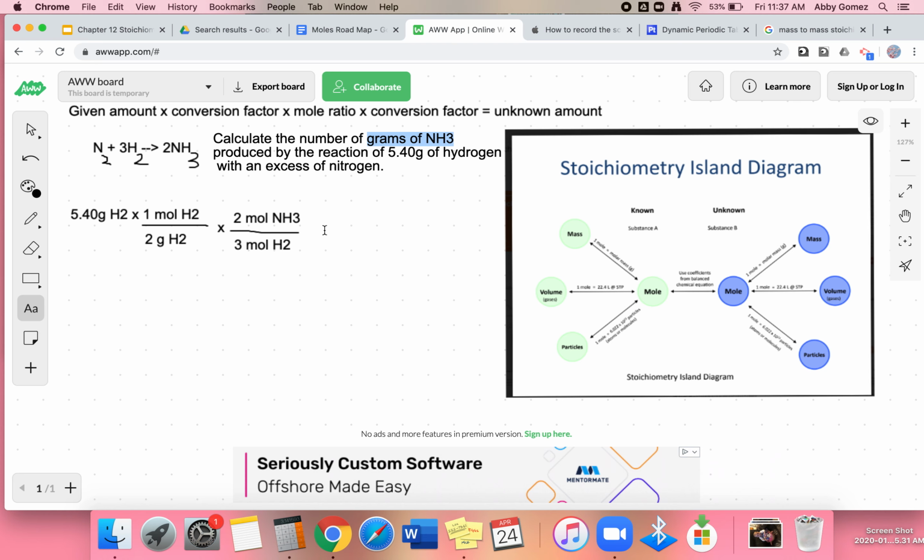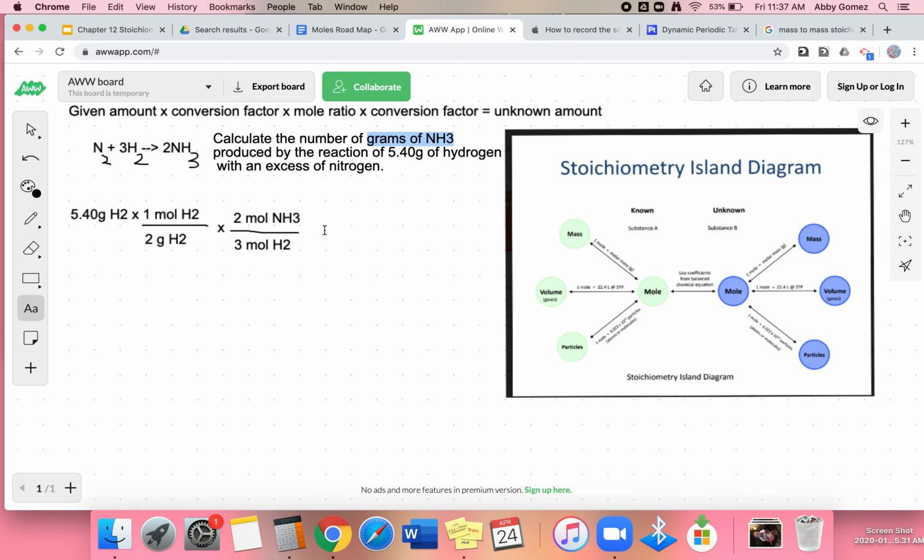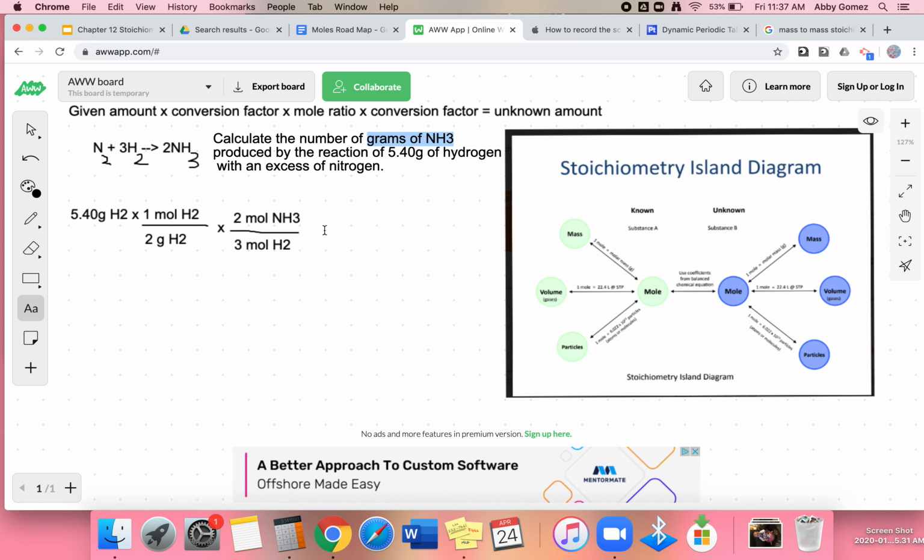This is not a start to finish process. You could start the process here and end on moles. You could start on moles and end on mass. So don't think of it as just one process start to finish. It can be broken up into two little pieces, which you'll kind of see as you continue on here.